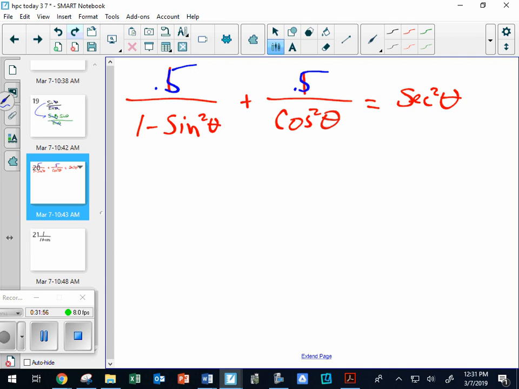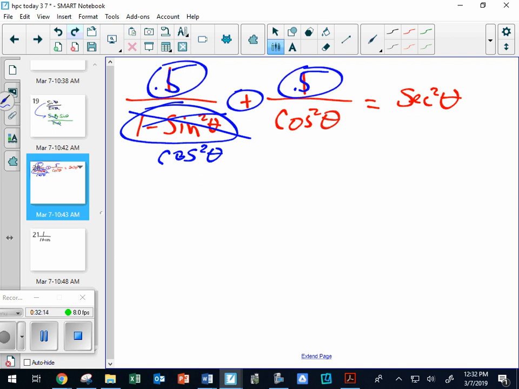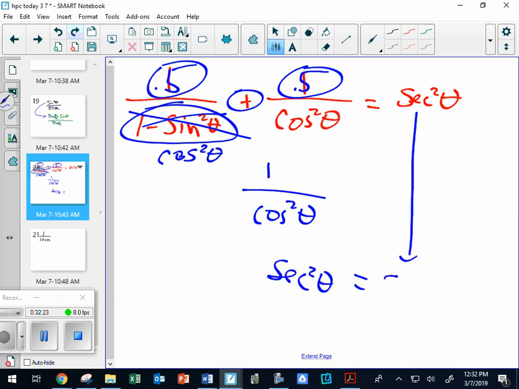Now it'll work. She's saying you could replace the 1 minus sine squared with cosine squared. That's totally okay also. And it gets it faster because it's a smaller denominator right off the bat. So that would have been a good one too. And then 1/2 plus the 1/2 would be 1 on top over cosine squared. And what is 1 over cosine? It's secant. Secant equals secant.